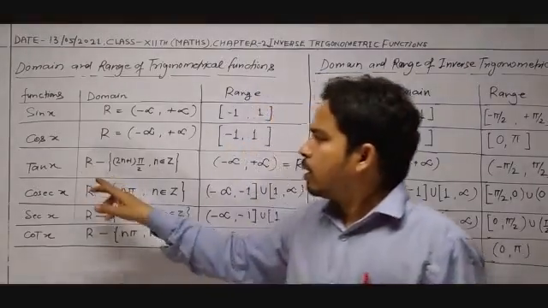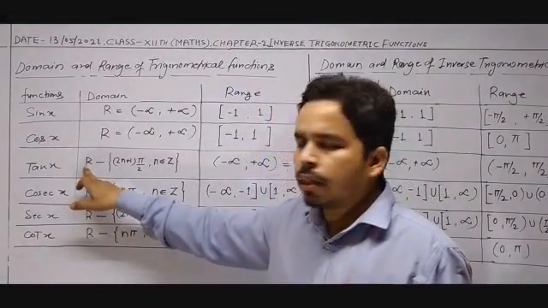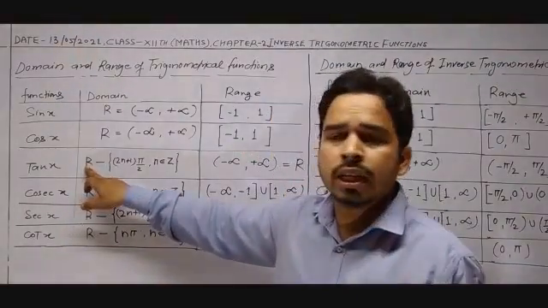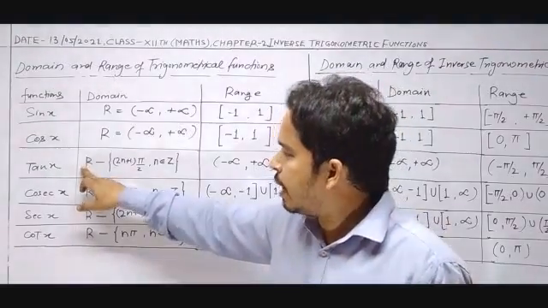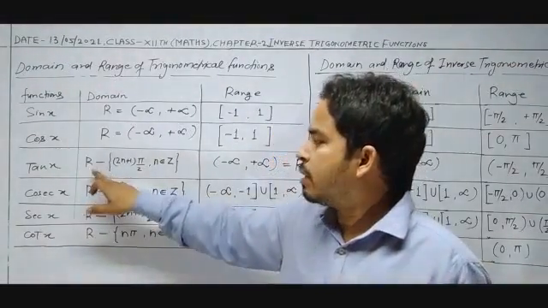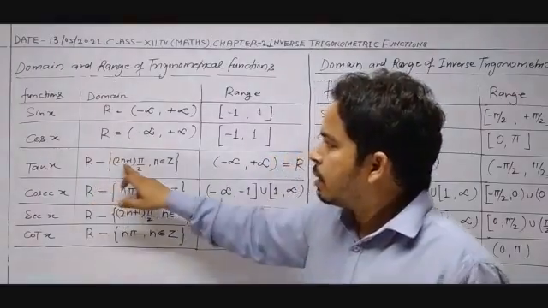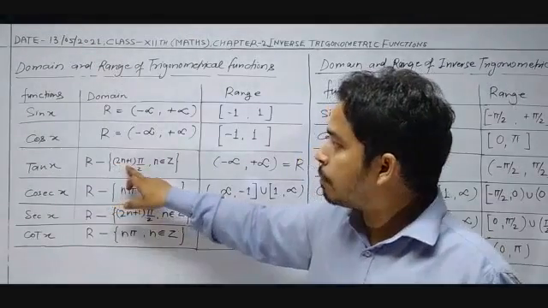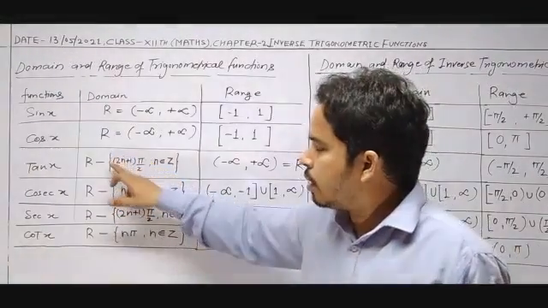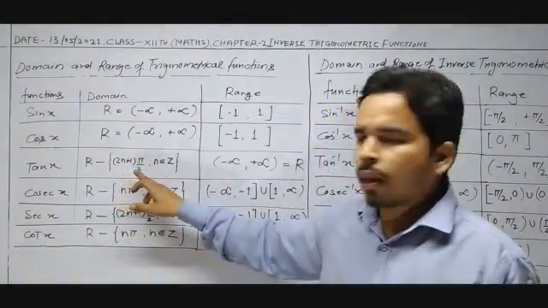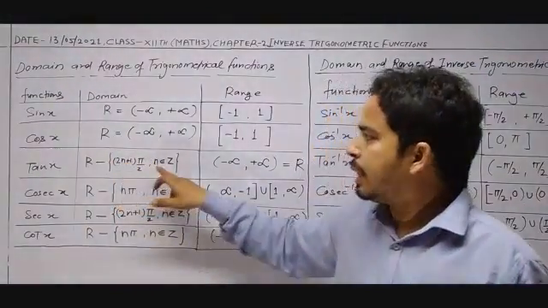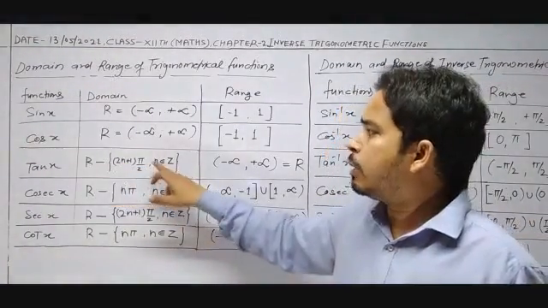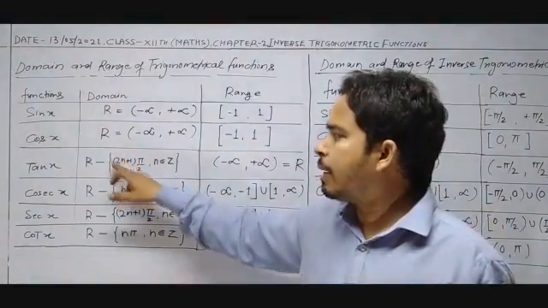See here, the domain of tan x is the set of all real numbers, where R denotes the real numbers, excluding 2n plus 1 pi by 2, because this is an odd multiple of pi by 2. When you put n is equal to 0, it will be pi by 2. N is equal to 1, then it will be 3 pi by 2.